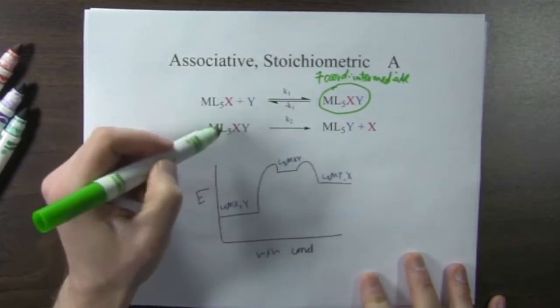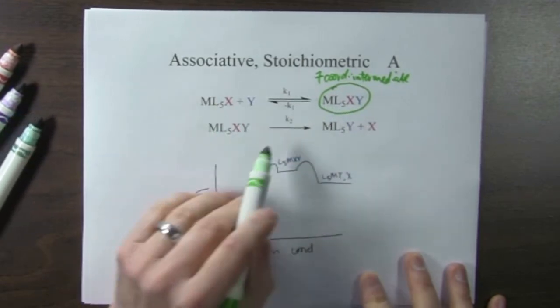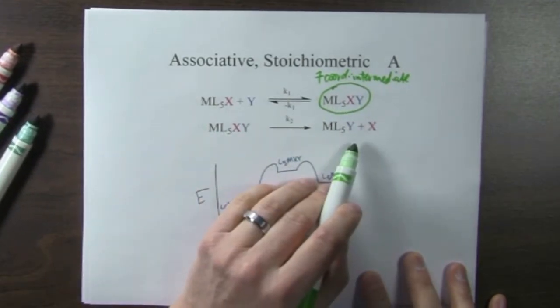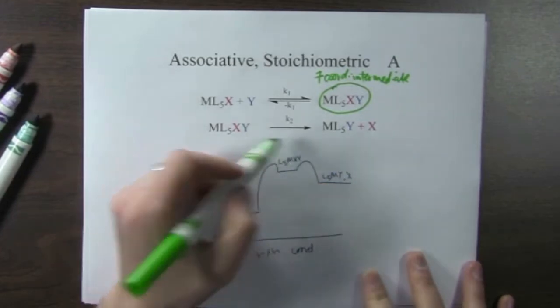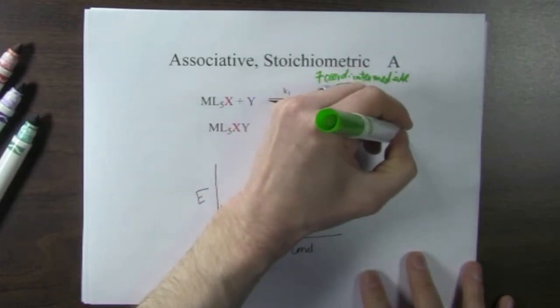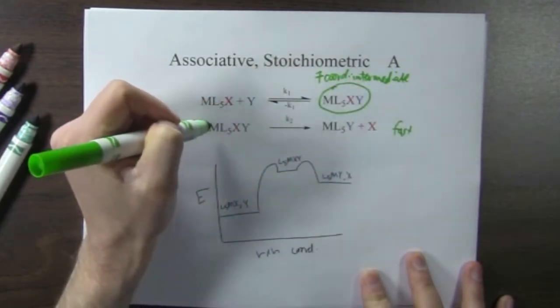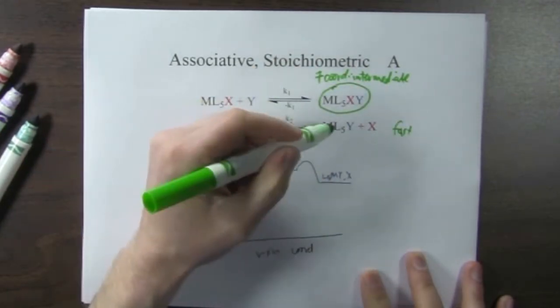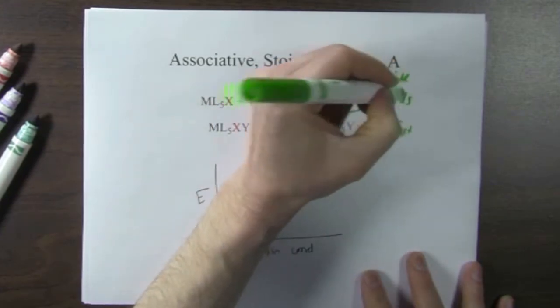Then this intermediate falls apart, either back to the starting material or to our substituted product. Again, this second step is probably going to be fast. 7-coordinate complexes are not stable, so we'd expect that to fall apart. So the first step is probably the rate determining step.